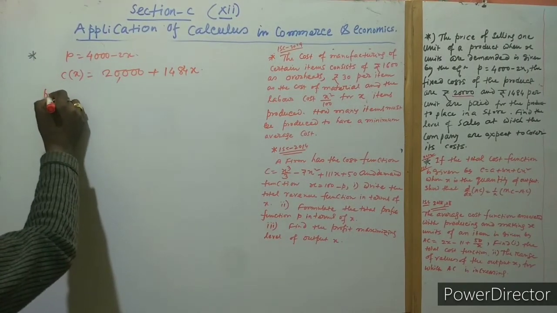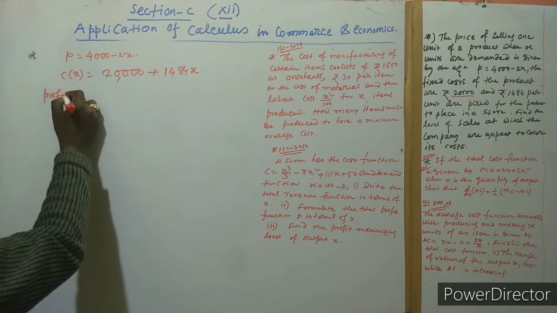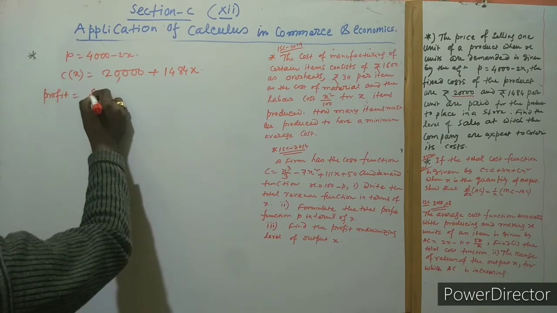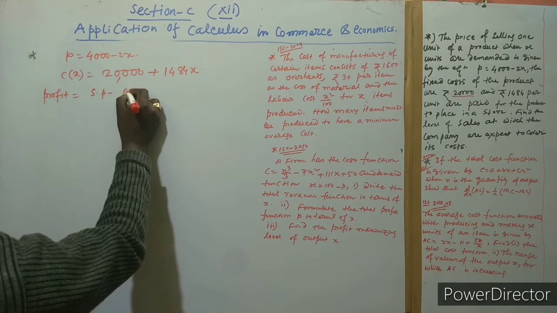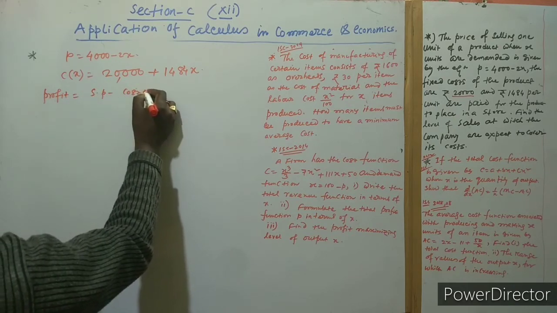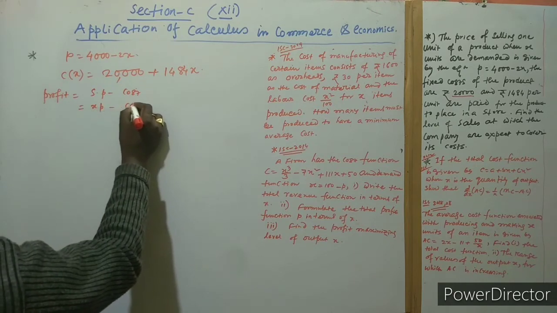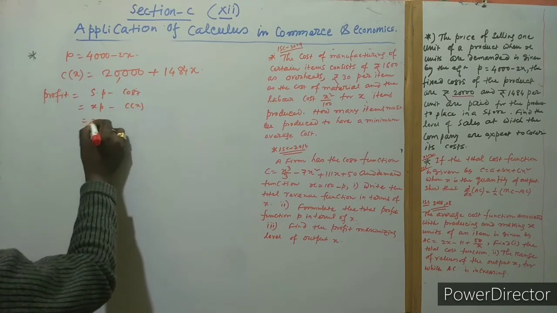So the profit function is equal to the selling price minus the cost price. Selling price means x into P, and that is C of x.